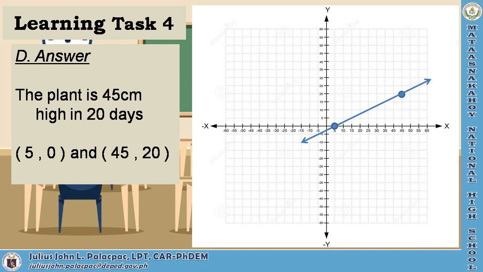So if we graph this one, we'll use 5, 10, 15, 20, 25, 30, 35, 40, 45.